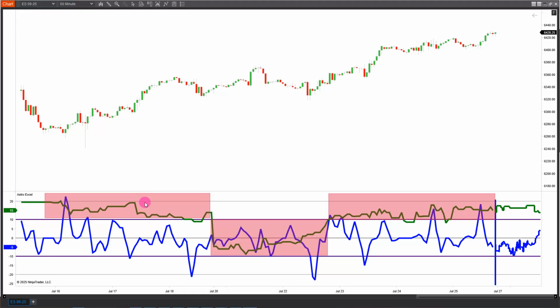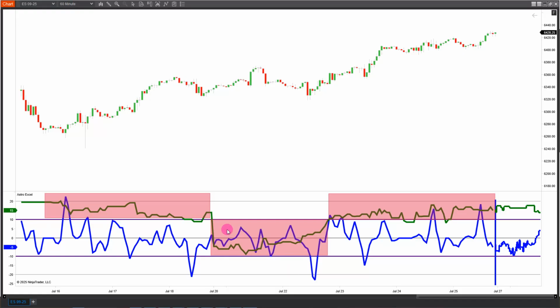Notice how when the green line started tracking downward here is a place where we got the reaction. It's not always perfect sync, but when you see the line changing direction, you can pretty much guess that you're going to get a reaction in that direction coming up.